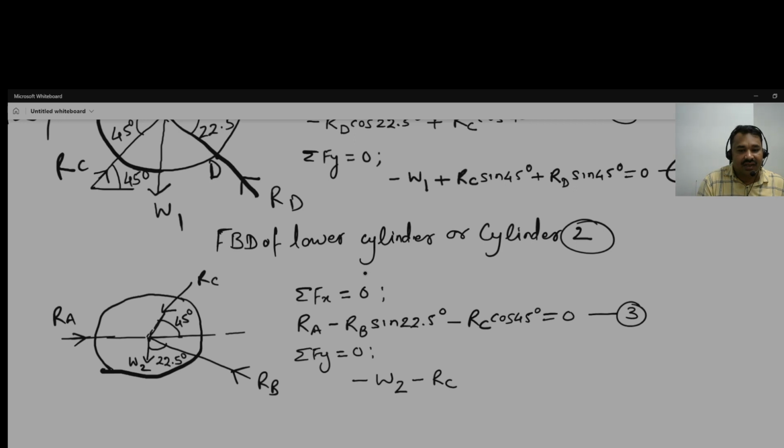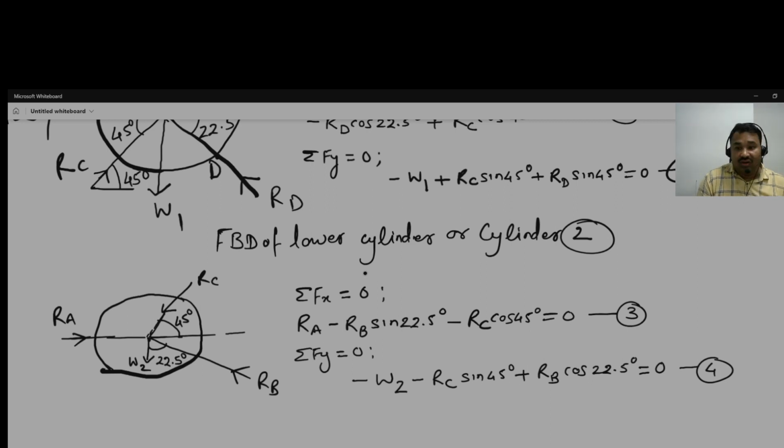So RC क्या हो जाएगा इसमें, RC sin 45 degree, and RB positive direction, so RB cos 22.5 degree is equal to 0. Okay, so in this way it is the fourth equation.